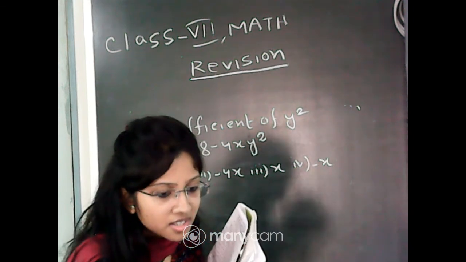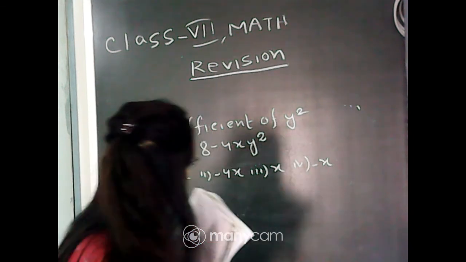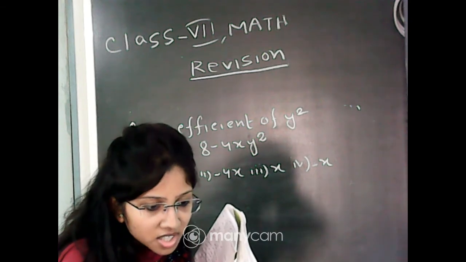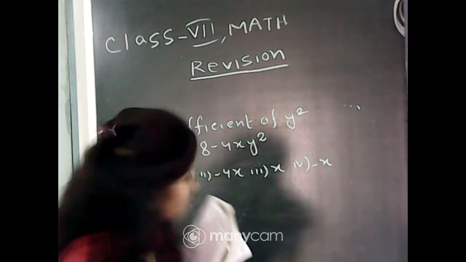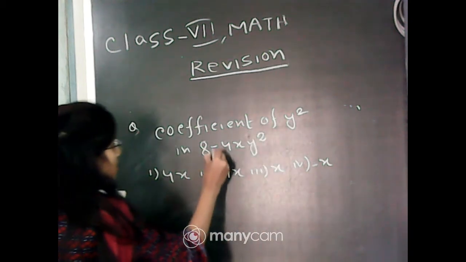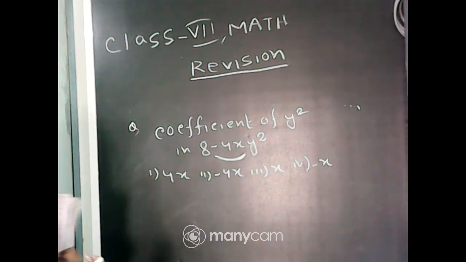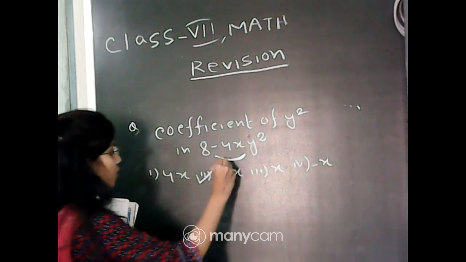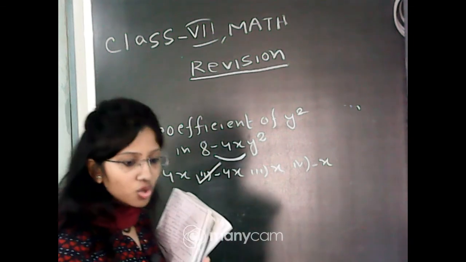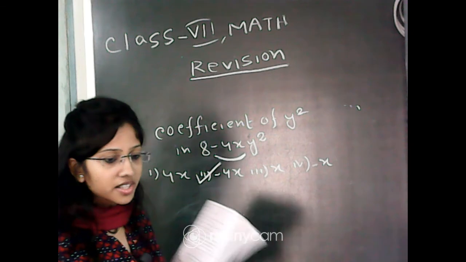What's the correct answer? Yes, option 2 is the correct answer, not 4x. Minus 4x. The coefficient of y square is minus 4x. Okay. So, option 2 is the correct answer.